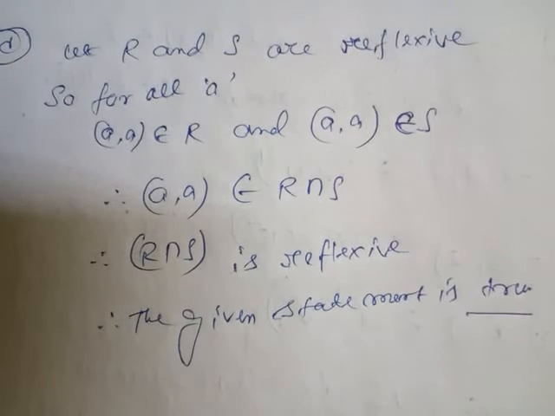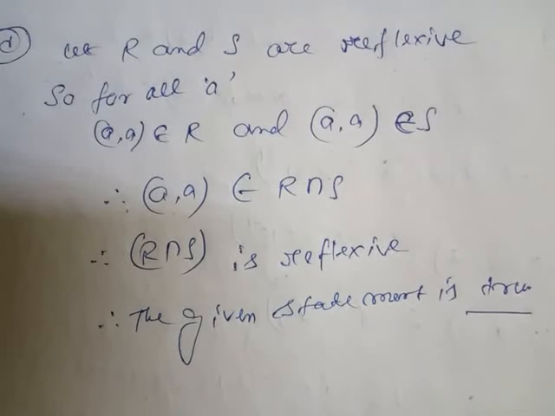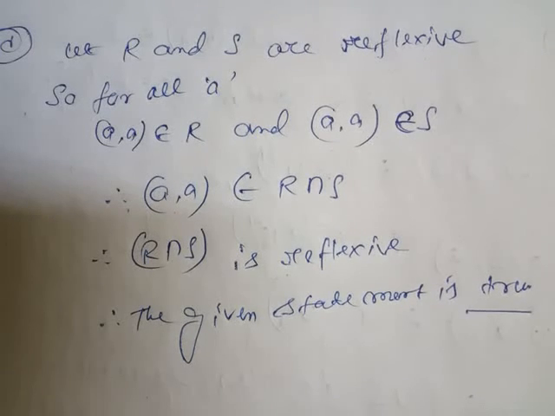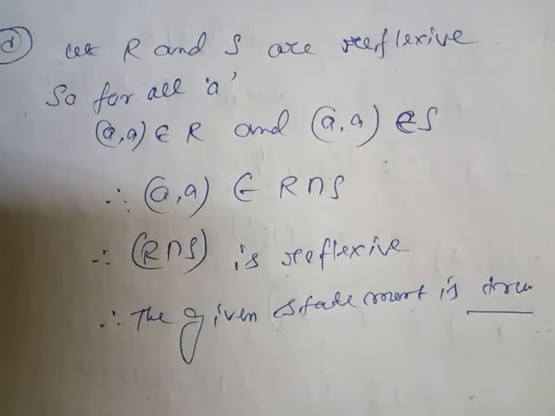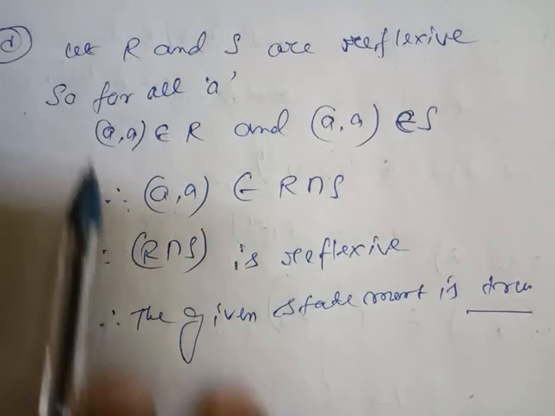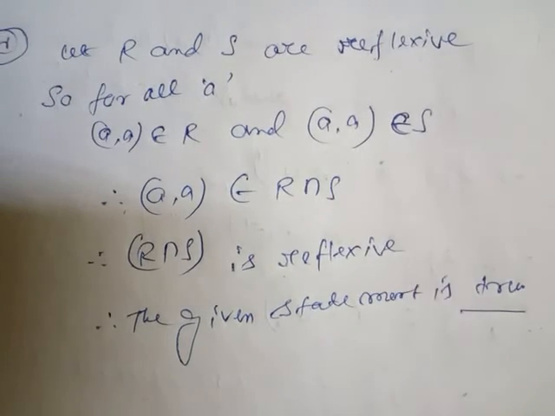Now 9d. Look student, 9d now. Let R and S be reflexive. So the question says that R intersection S is also reflexive. For all a, now (a, a) belongs to R. The condition of the reflexive is (a, a) belongs to R, or (b, b) belongs to R, or (c, c) belongs to R. Here I have taken only (a, a) belongs to R, which means (a, a) belongs to S also.